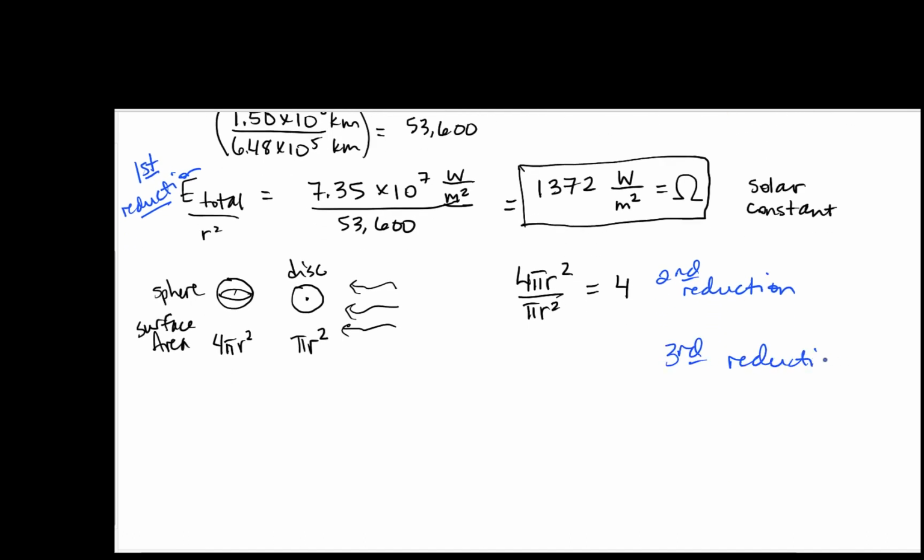And the third reduction is for something called albedo. And we sometimes use a lowercase a for albedo. And the albedo is how much of the sun's radiation gets reflected, just reflected straight out into space. And this is usually listed as a percentage.